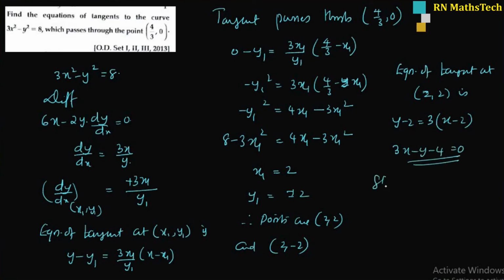Then the equation of tangent at 2, minus 2 is y plus 2 is equal to minus 3 into x minus 2, or 3x plus y is equal to 4.